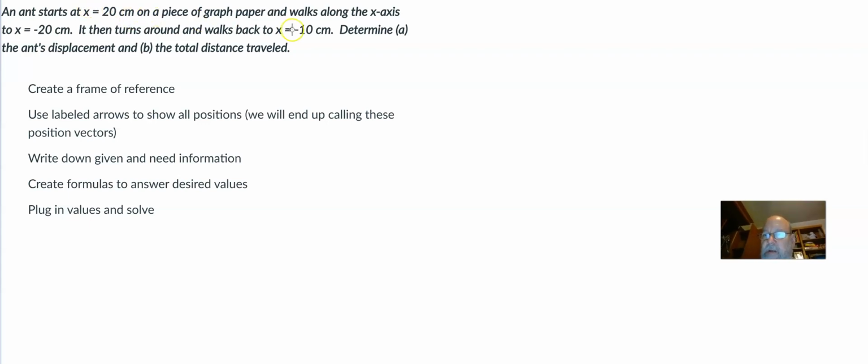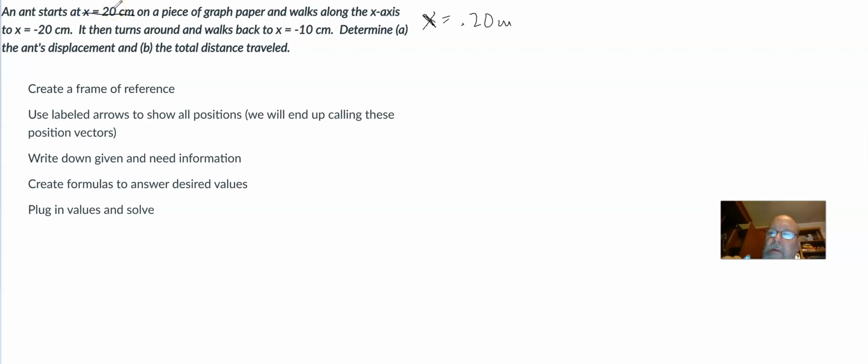So the first thing that I do is I'm going to draw here, x, let's use a pencil. I'm going to say x equals 0.20 meters instead of 20 centimeters.